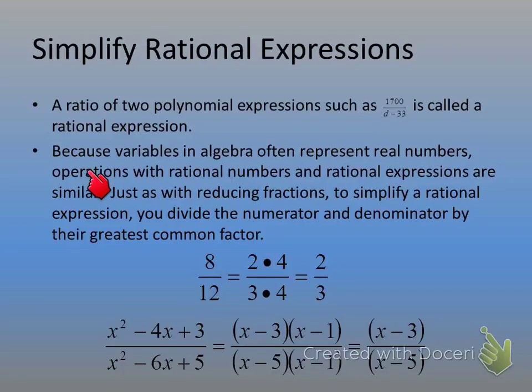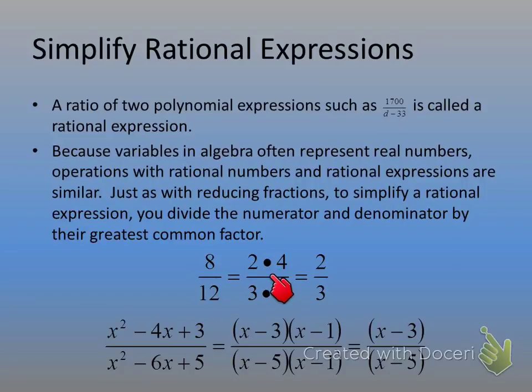Second bullet's pretty important here as far as where we're going long term with this chapter. Because variables in algebra often represent real numbers, operations with rational numbers and rational expressions are very, very similar. Just as with reducing fractions, to simplify a rational expression you divide the numerator and denominator by their greatest common factor. Essentially what it means is, let's say we have 8/12, and we reduce it.